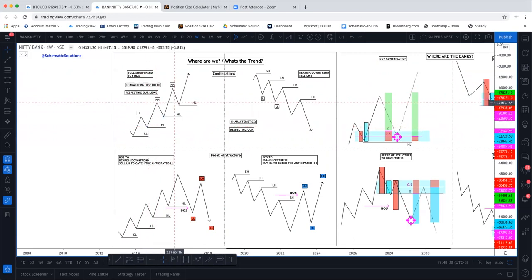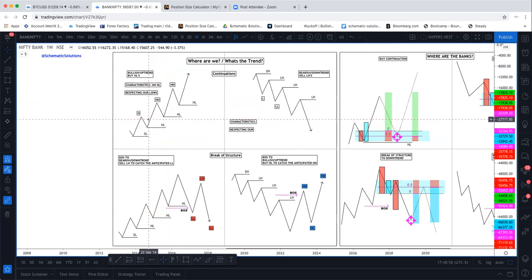Now how I actually look at structure, like how I confirm my higher lows, is I start off by identifying my high first. Once I've identified my higher high, I then go back and look at the low that made this higher high. And that's right here.